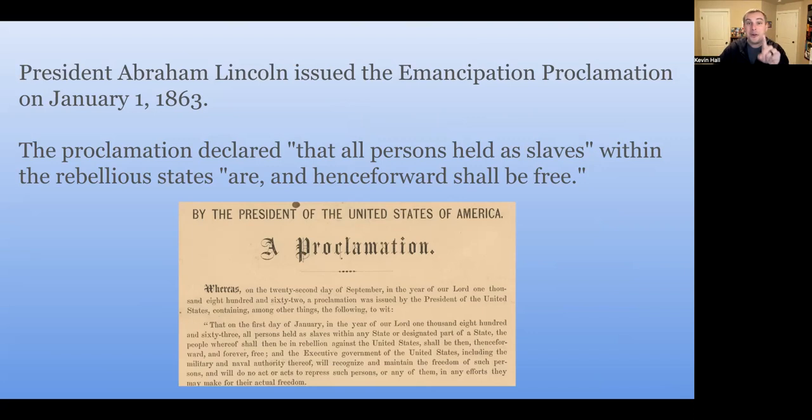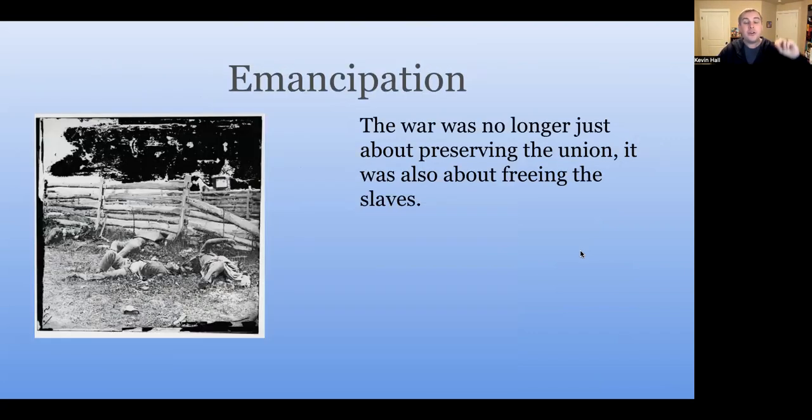Now, then there is one more step as part of the Emancipation Proclamation. Not only did Lincoln say, we're setting them free, but he also invited them to join the army, right? To join the Union Army and fight for that cause. So now the war was not just about preserving the Union. The war was not just about bringing the South back home.